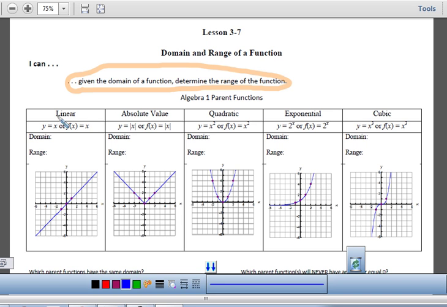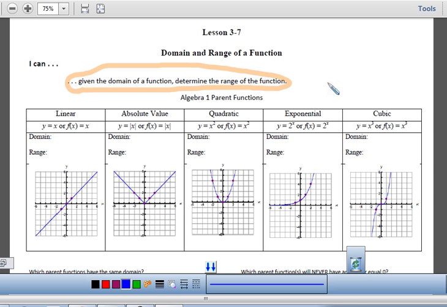You'll see all the names across the top of the different examples: linear, absolute value, quadratic, exponential, and cubic. Some of these we've seen before. I think this is the first time you've ever seen cubic, but for the most part, a lot of these will make sense and be pretty understandable for you.